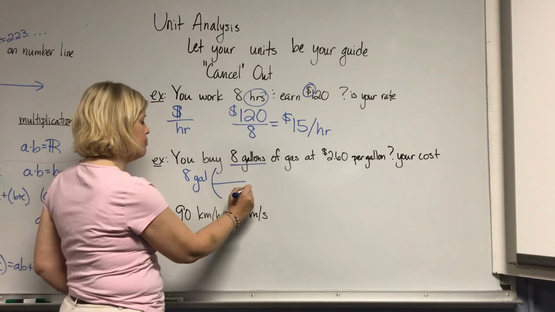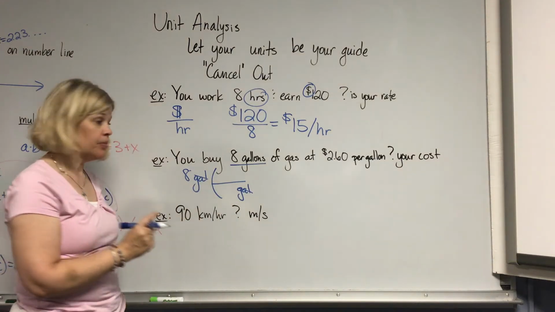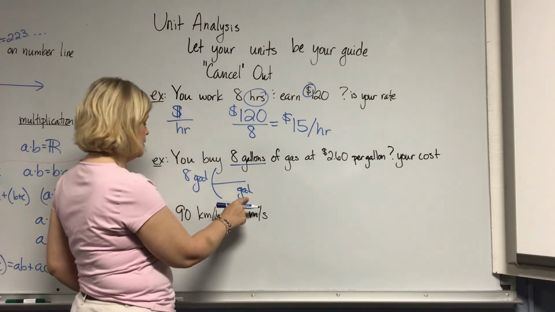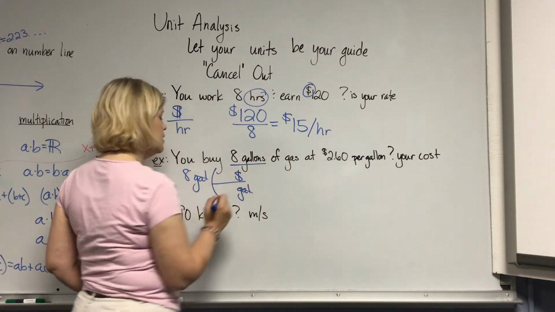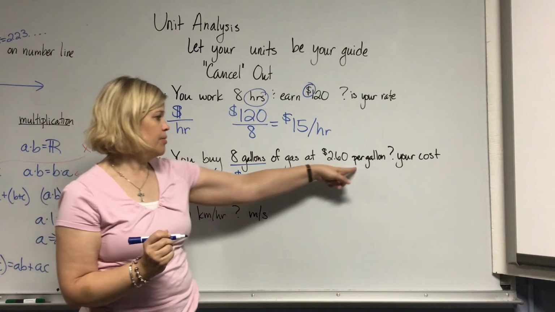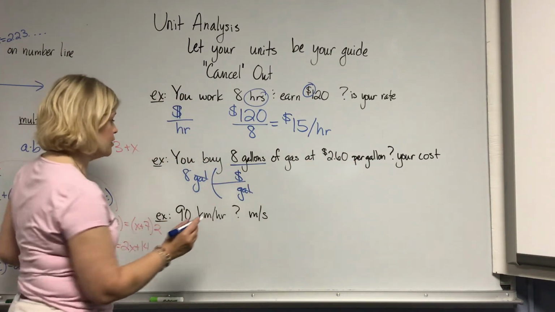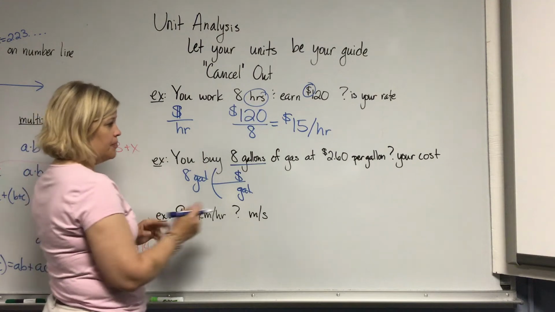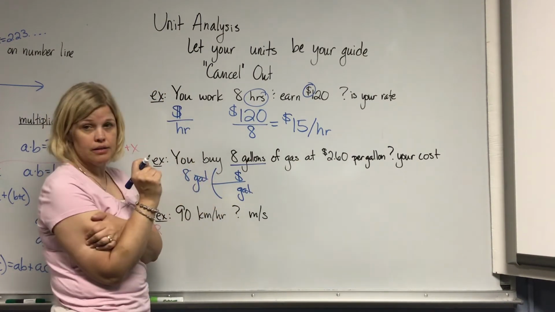Oh, well, if I put it on the bottom, I can cancel them out, right? So we've got gallons somewhere else. And here's the money per gallon. And that would leave me with my cost, or just the dollars.